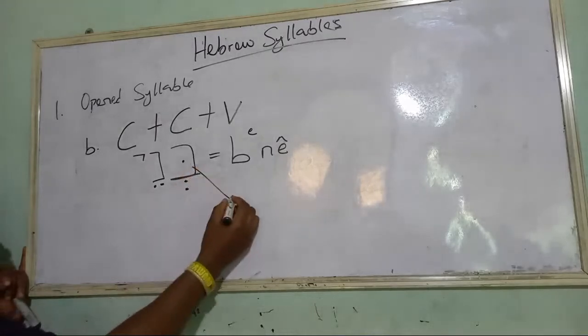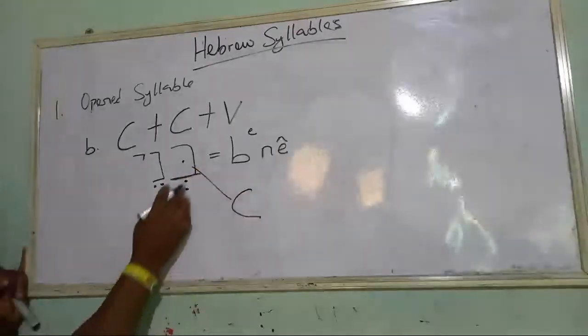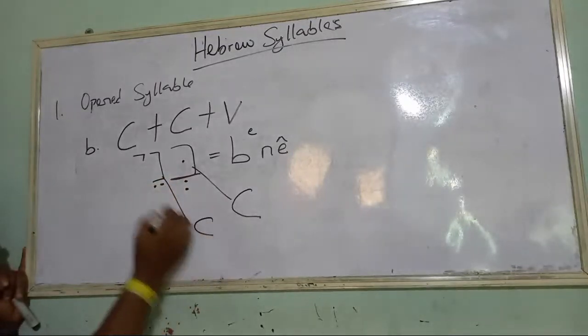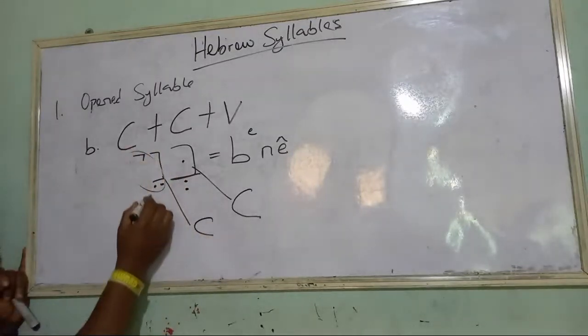Because this is a consonant, we do not reckon with the half vowel, then we have another consonant and a vowel.